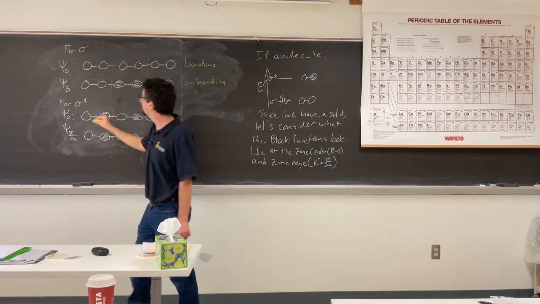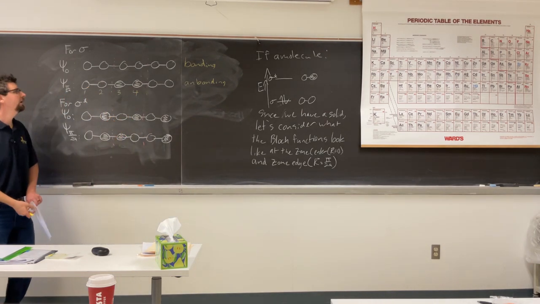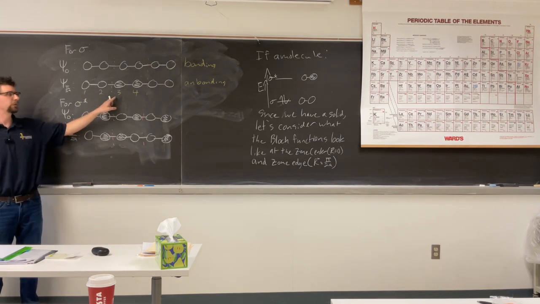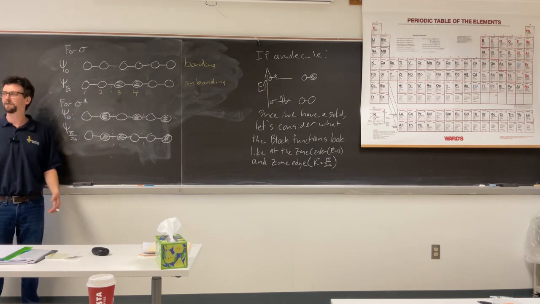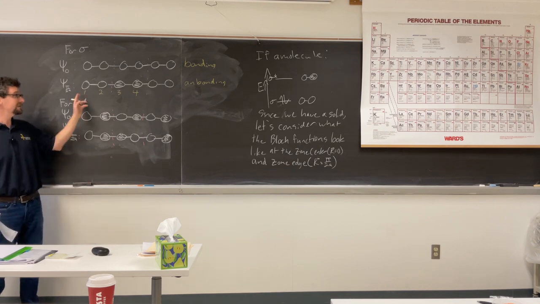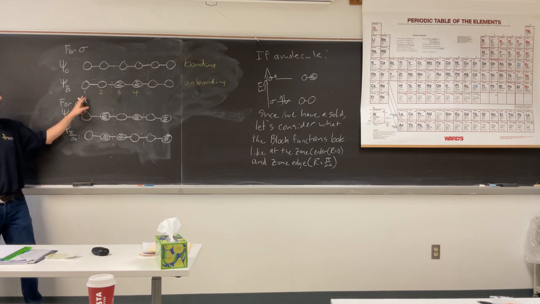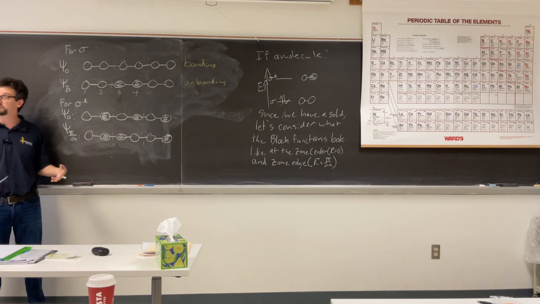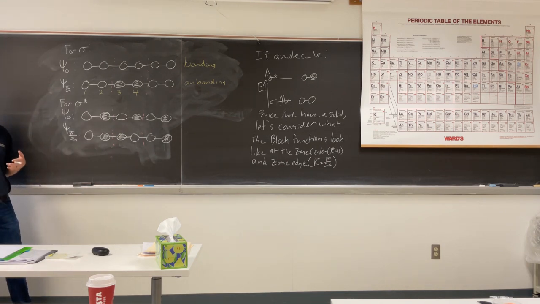Let's say I call this guy 1, 2, 3, 4. Okay, it's bonding between 1 and 2, right? What about 2 and 3? No. Okay. What about 1 and 3? Okay. Yeah, it's non-bonding between 1 and 3. Or do they have the same sign? No. Right, so they still see each other. It's further away and there's not much overlap, but they still see each other.